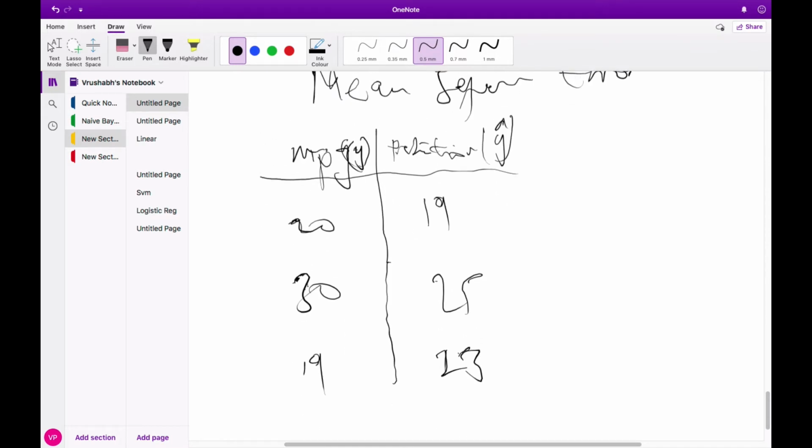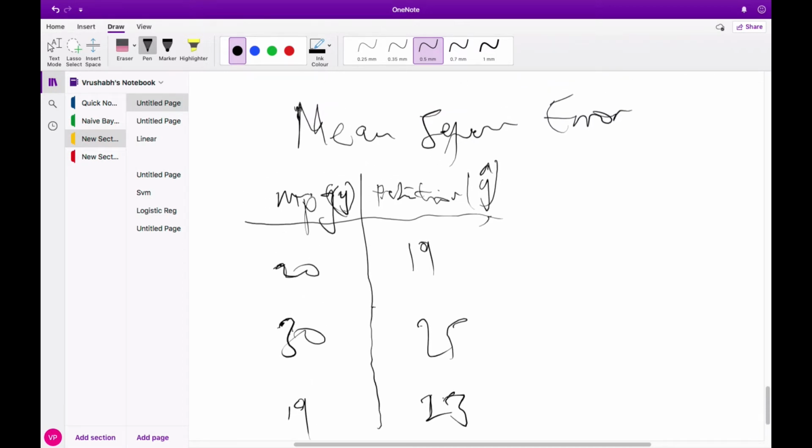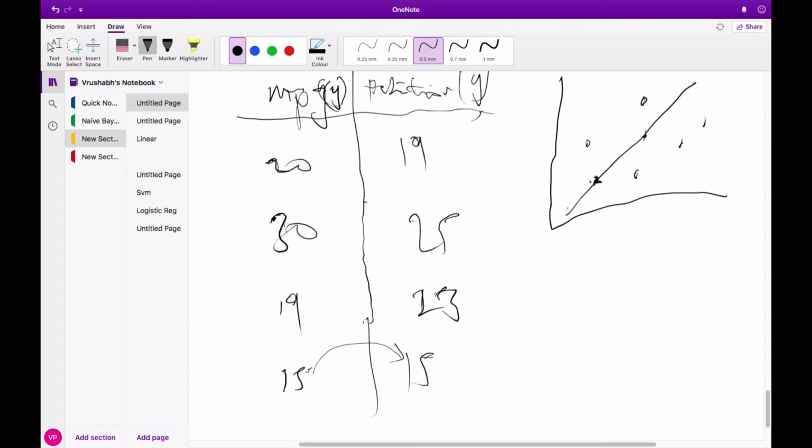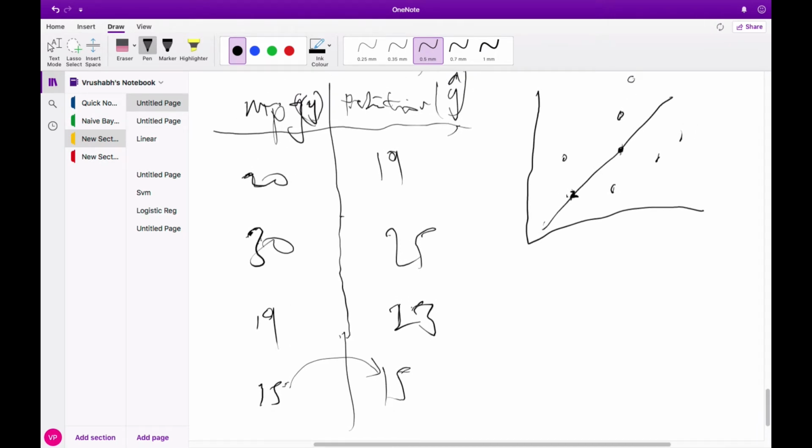Now what is happening here is that there is a difference between the actual and the predicted. That's why when you plot the linear regression line, you can find some of the data points lying somewhere else, not exactly on it. If a point lies exactly on the line, it means that when the point was say 15, you were able to predict 15, so that point will lie exactly on the regression line you're trying to fit.